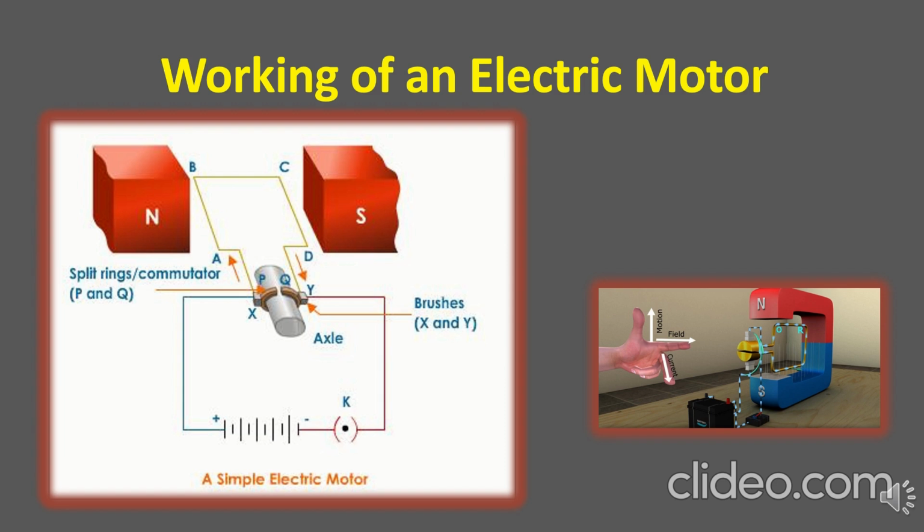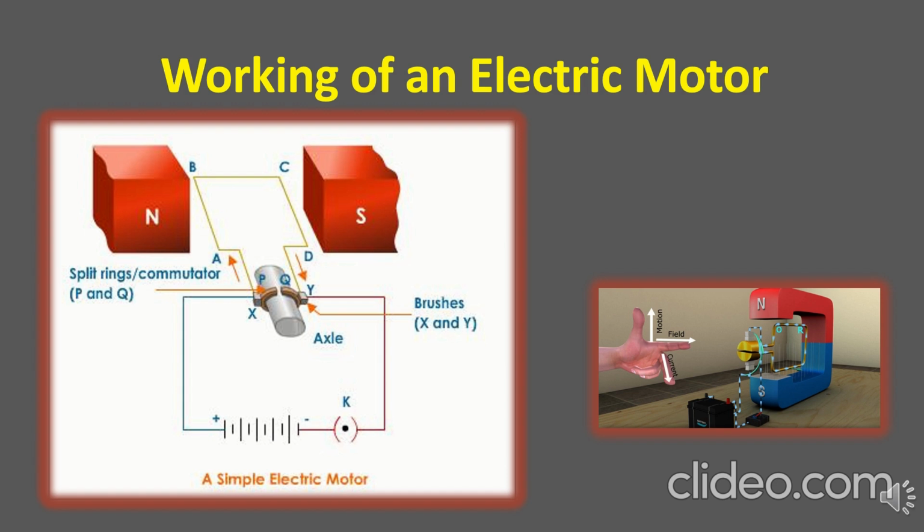Now come back to the diagram. After half a rotation, the two halves of the split ring P and Q come in contact with the carbon brushes X and Y respectively. Because of this, again the current in the loop starts flowing in the direction DCBA. First it was ABCD, now the direction of the current is DCBA.